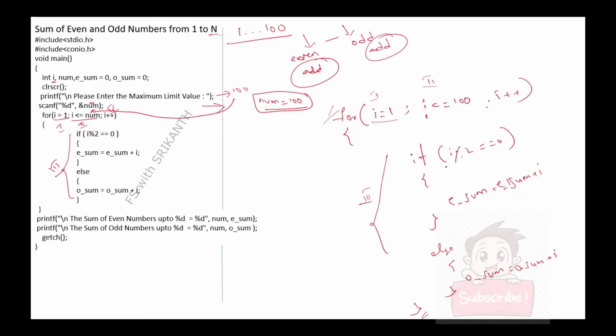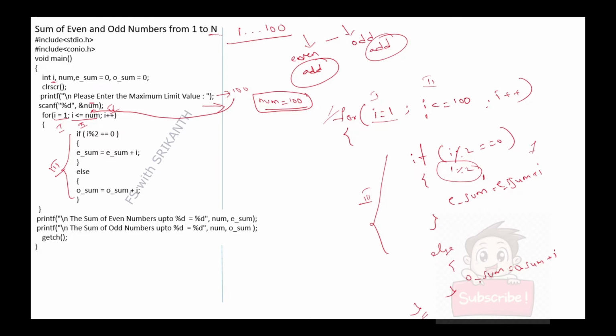The third part is the if condition. 1 percent 2, is the condition true or not? We get 1 as the remainder, so the condition is false.